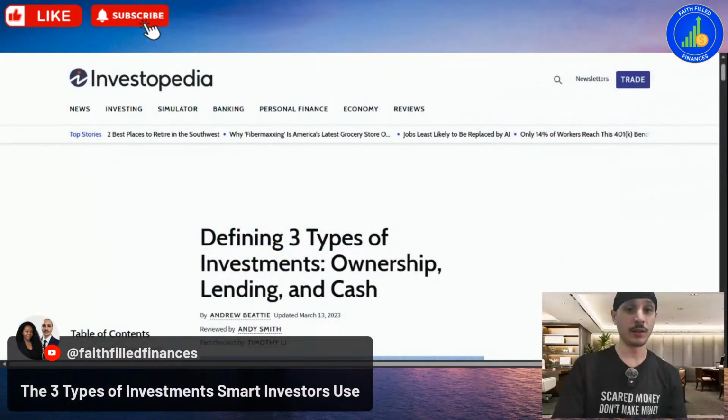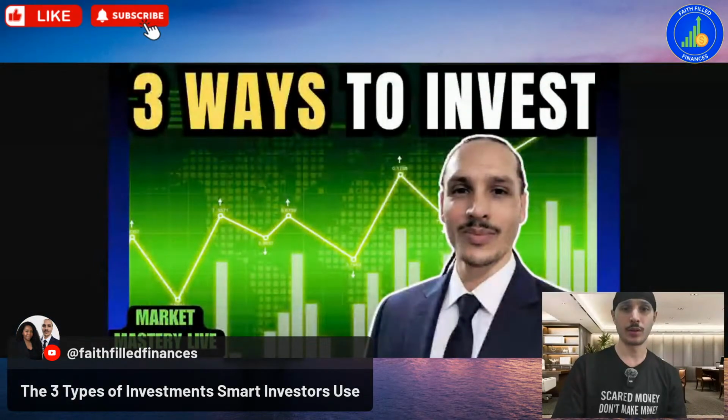Make sure you go ahead and check out Investopedia. But before we get into the article, for those coming in, this is what we're speaking about tonight. The three types of investments. Three ways to invest. The three types of investments smart investors use.